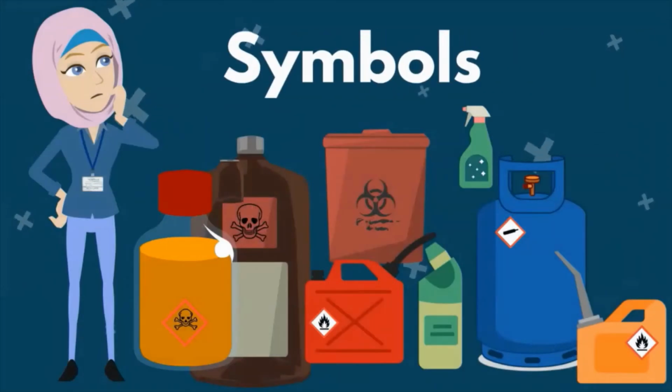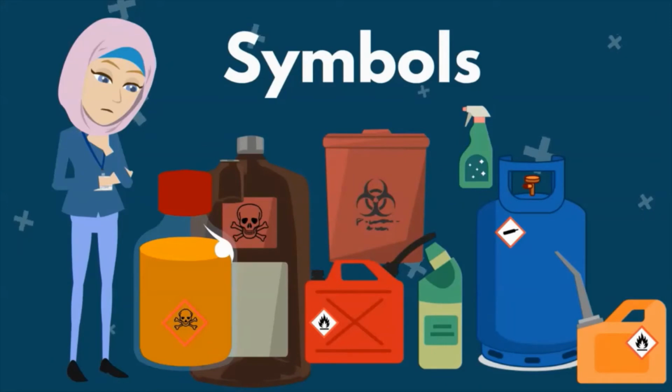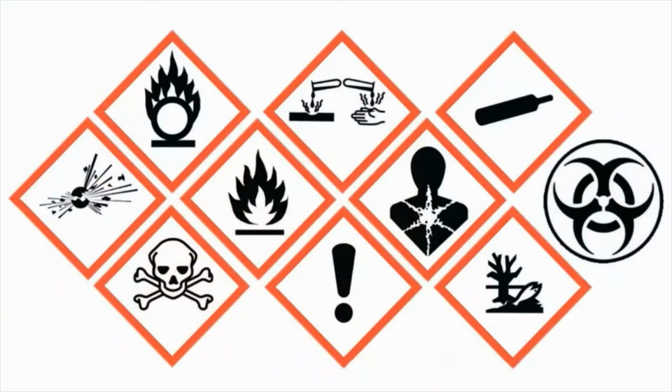Symbols can help you understand without reading. Hazardous products must be labeled with symbols. Products with one of these symbols can be dangerous. You need to know how to use them safely. It is Canadian law for companies to label all dangerous products with these symbols.